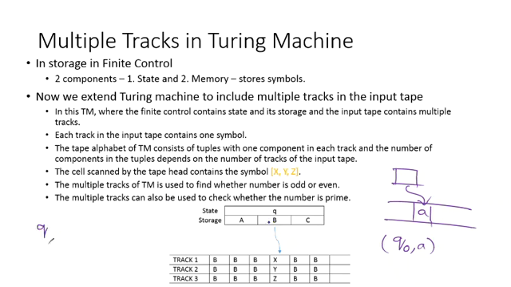Currently you can see the control is reading X, Y, Z, so you will have X, Y, Z. This is the difference between single track and multiple track symbols. The multiple track technique can be used to find whether a number is odd or even, or to check whether a number is prime or not. So let us see an example of how the Turing machine is used with multiple tracks for solving a problem.